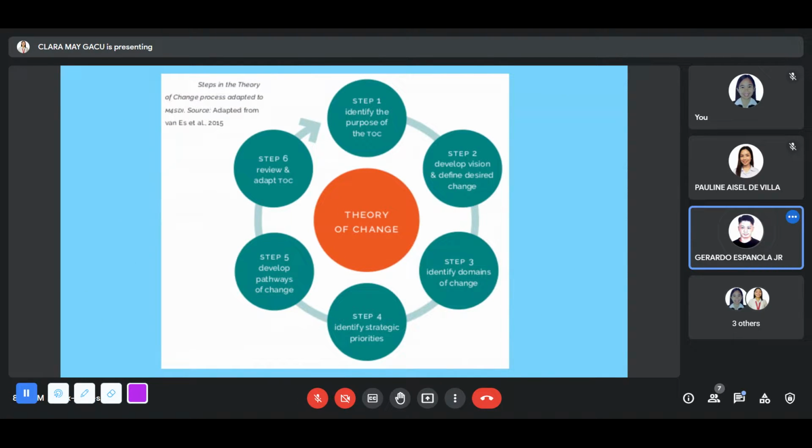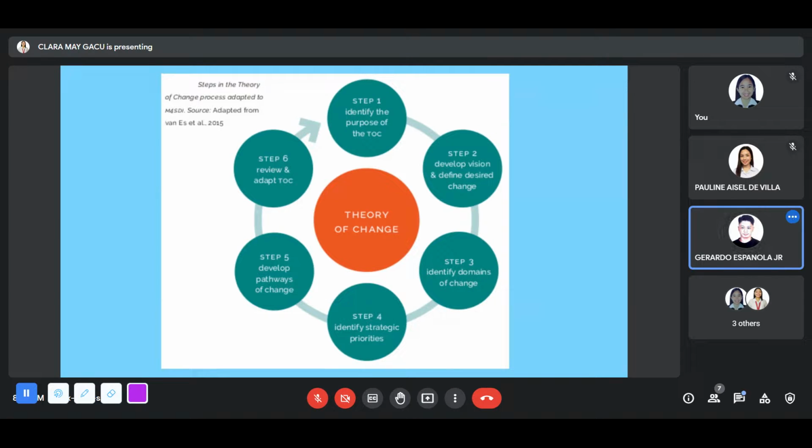So these are the steps of the theory of change process. First, identify your long-term goals.